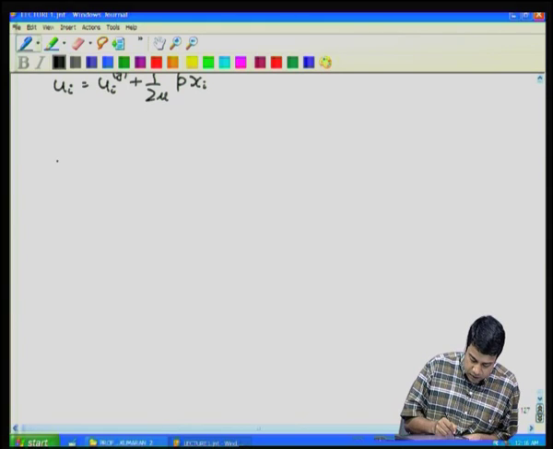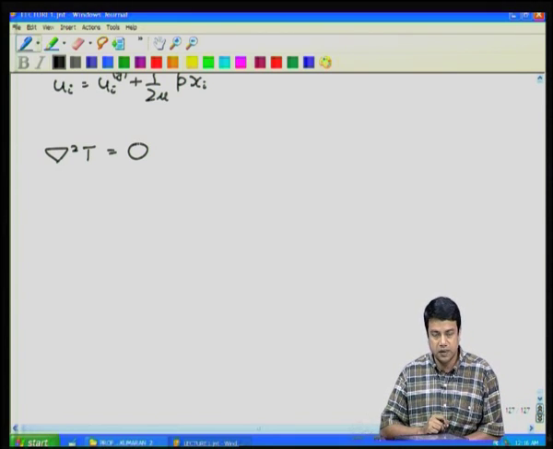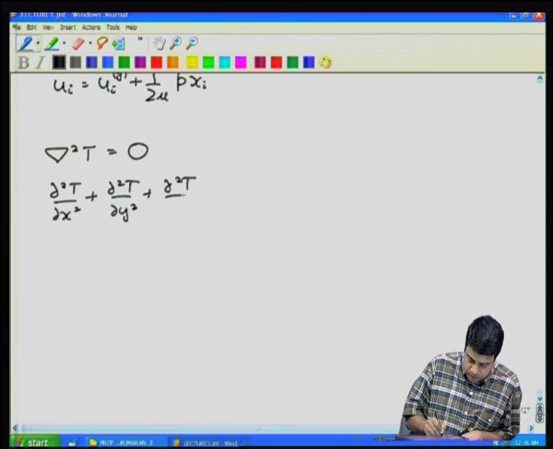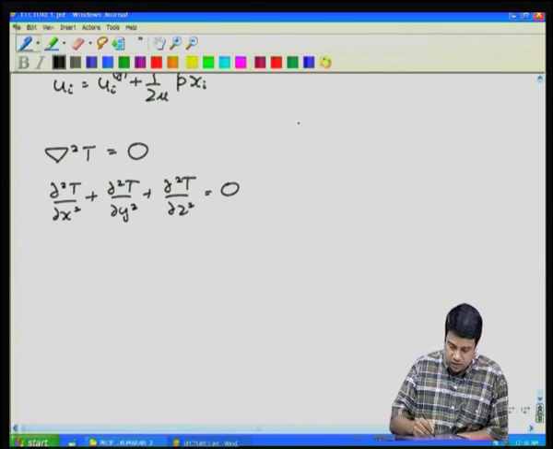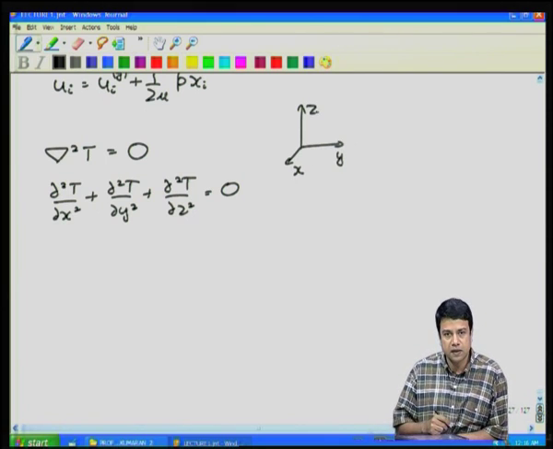If you recall there, in the case of diffusion dominated transport, you always had to solve del square T equal to 0. So, you solve for example, in Cartesian coordinates, if you had an x y z Cartesian coordinate system, this was the equation. And the way you solved it was by separation of variables.